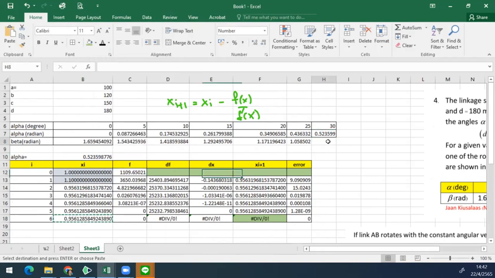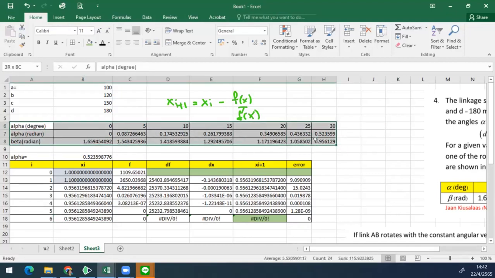Now we already have the table, right? Okay, are you all right for this case? It's just a little bit of review for the nonlinear equation like that. Okay, now we have the table of alpha and beta already, right?